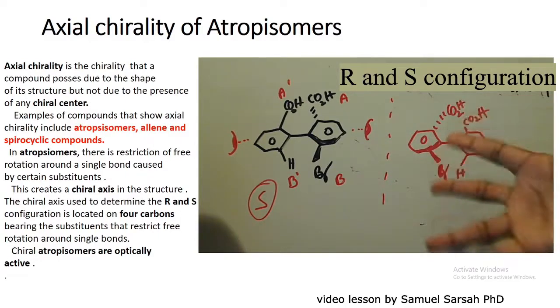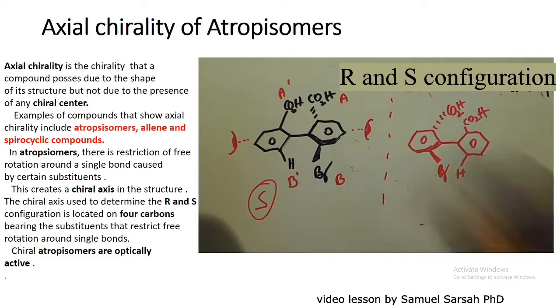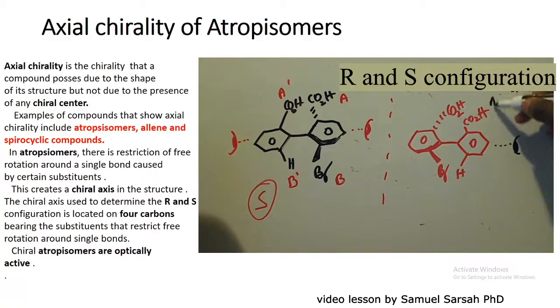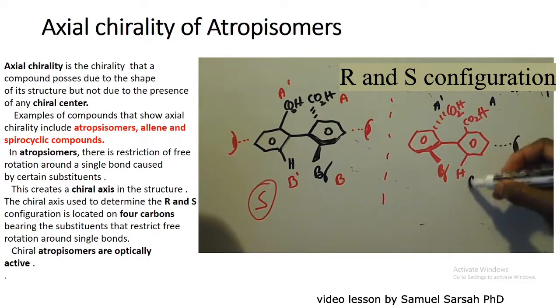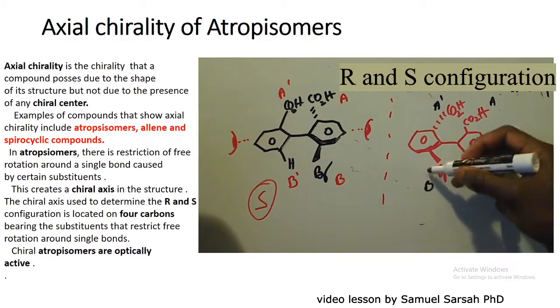So this is the enantiomer of this compound, and you can determine the R and S configuration of this easily. So assuming I'm standing here, see this A prime, B prime.